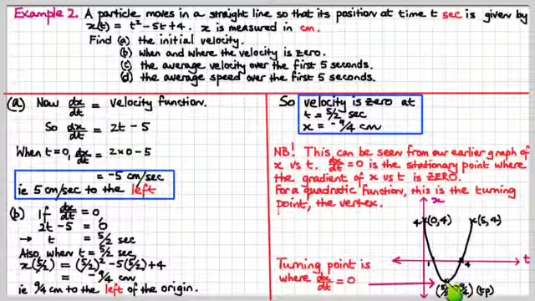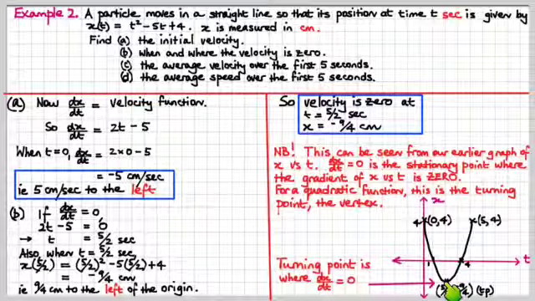So obviously, it has to have a 0 velocity point at the instant when it converts from left-hand motion to right-hand motion, and that's where dx by dt equals 0. It's the turning point. It all hangs together and it all makes sense.